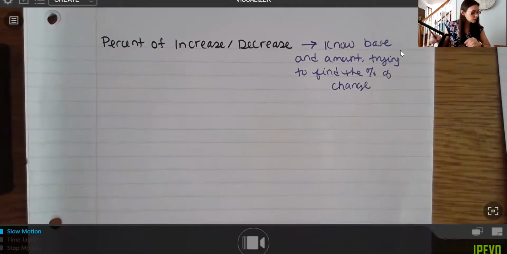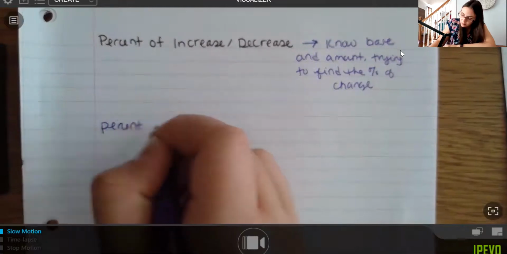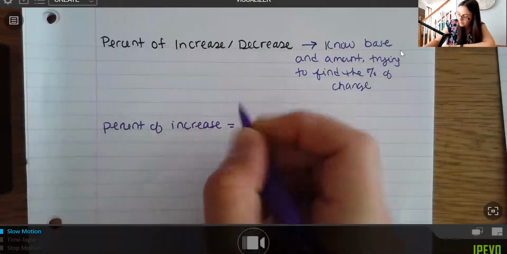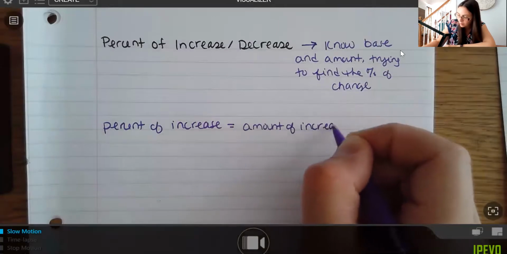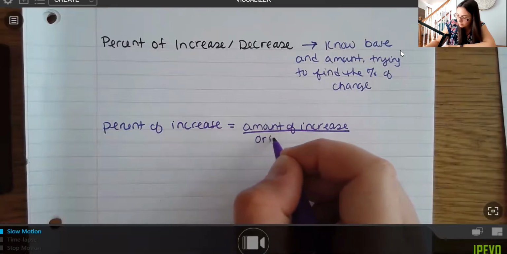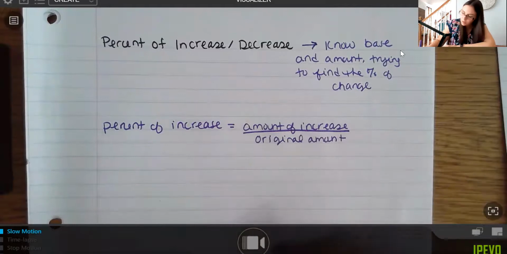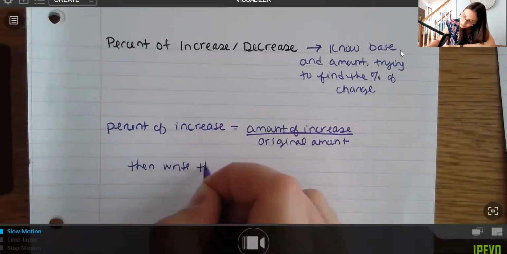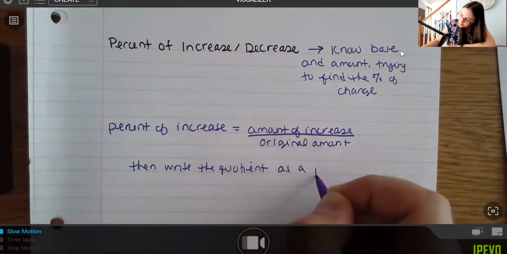All right, so for percent of increase, what you do is the following. You take the amount of increase, so that would be like the part there, and you divide it by the original amount or the starting point. And then you write the quotient as a percent, right?